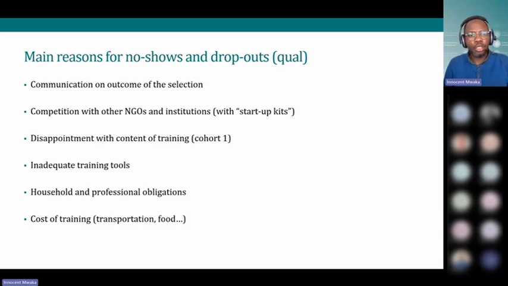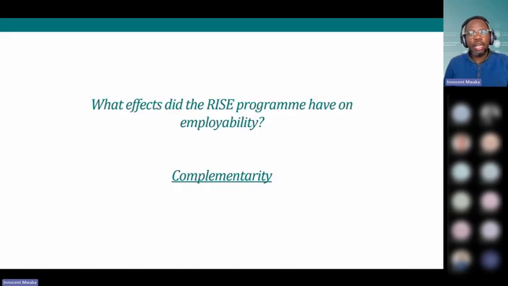But they were also disappointed with the content of the training. There were inadequate tools, and sometimes the reasons were related to the household or the cost, for example, transport. So this is how we managed to complement the quantitative findings with the qualitative.